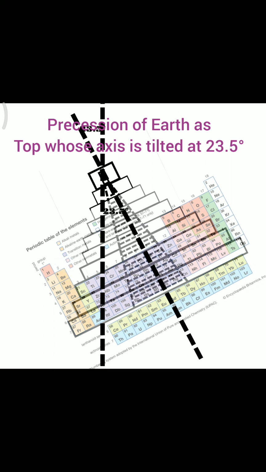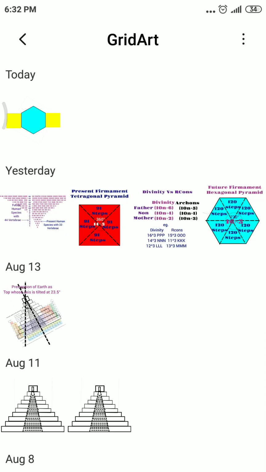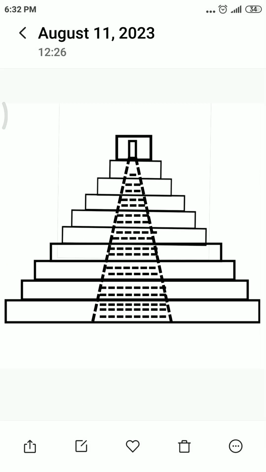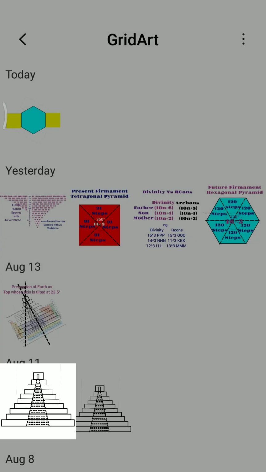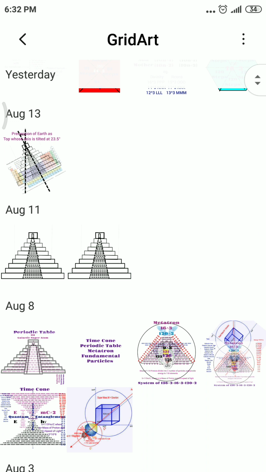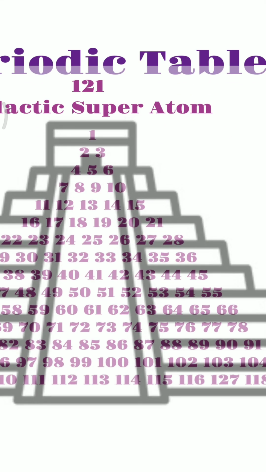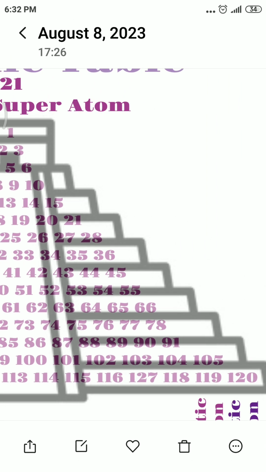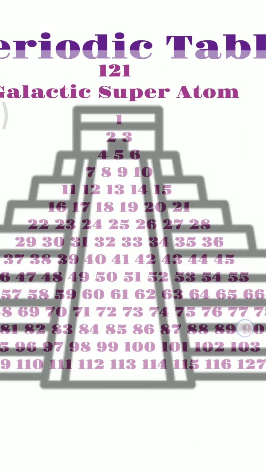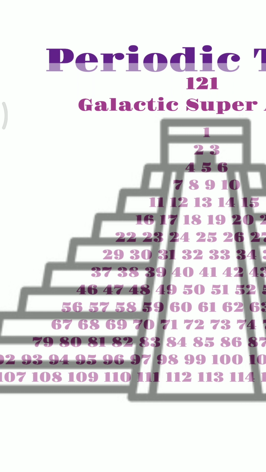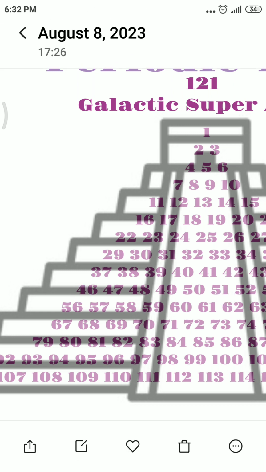So if you divide these 120 steps from 1 to 120, as we have earlier seen, those steps are not exactly divided into two equal halves.